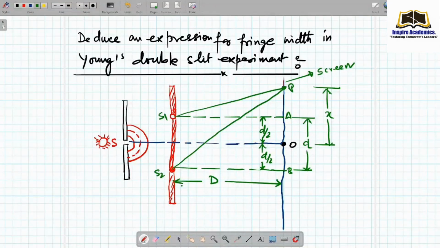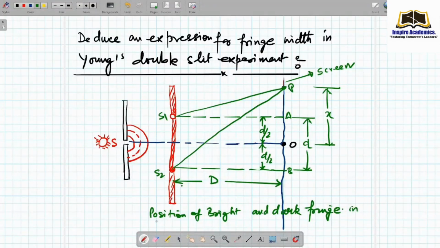Let me write down. Now we want the position of bright and dark fringe. What is the purpose? Position of bright and dark fringe in Young's double slit experiment.